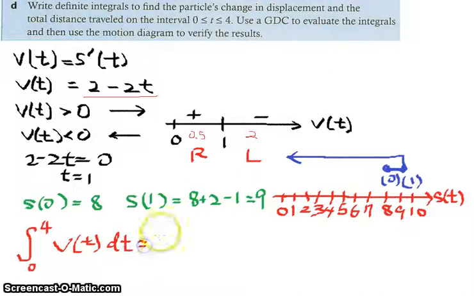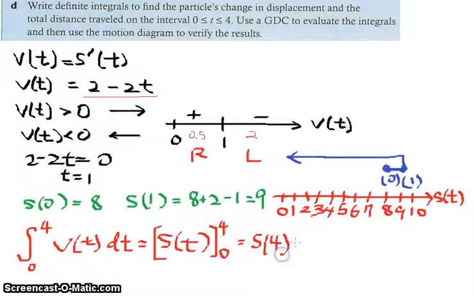And this is basically, if I take the integral of my v of t with respect to t, I get my s of t. And what I'm doing here is I'm just evaluating my s of t from 0 to 4. Alright, so this is just s of 4 minus s of 0.